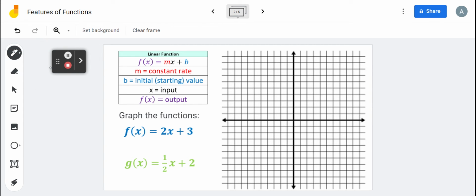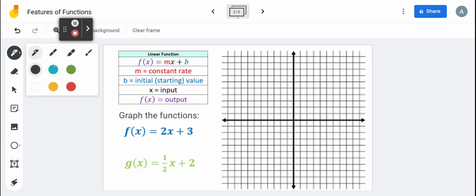So I'm going to graph f of x first. I'm going to start with my b, which is my y-intercept, and that's going to give me 1, 2, 3. So this is my initial value. My slope or my constant rate is going to be 2.